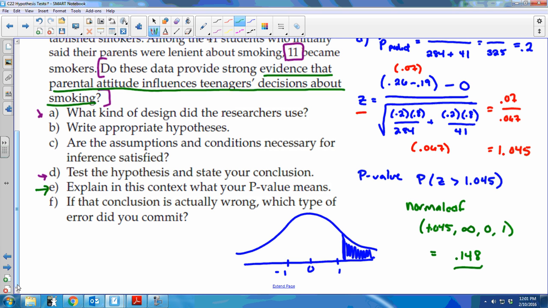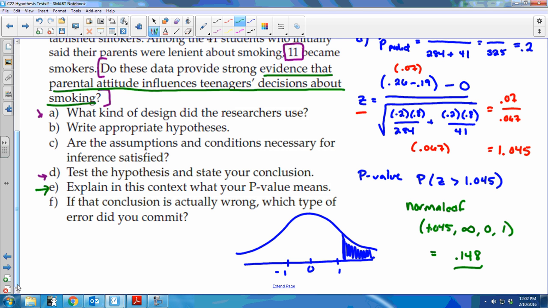So 14.8% chance that we would get similar sample results as we got in this question, given the null hypothesis was true. Or assuming the null hypothesis was true. That means it's not unusual. That's all we failed to reject. All right. Questions? That's really not in context. You have to write that in context about smoking somehow, but we get the gist. Questions about part E?